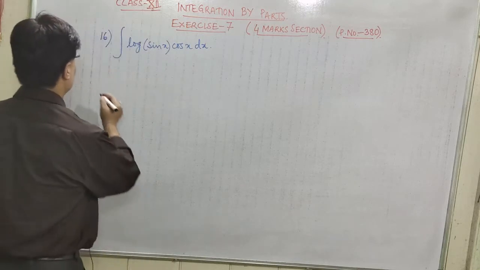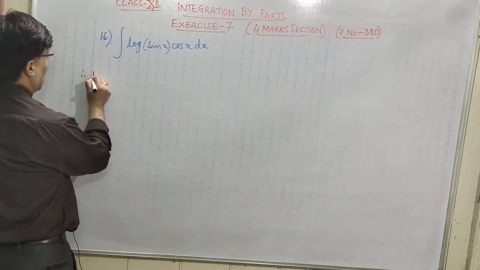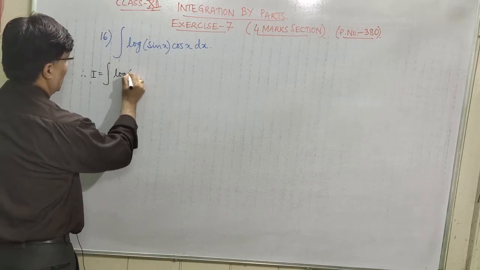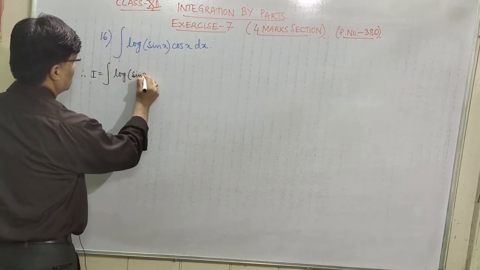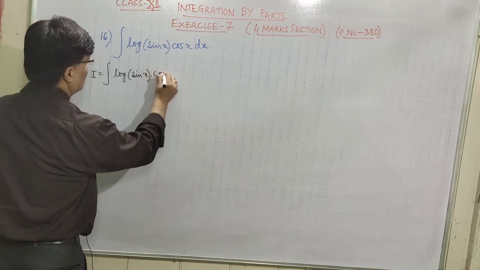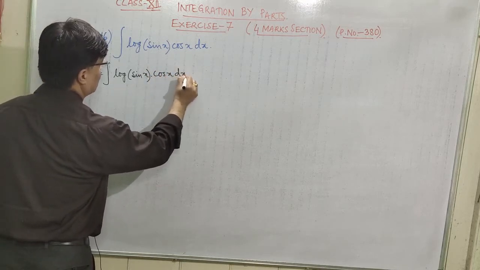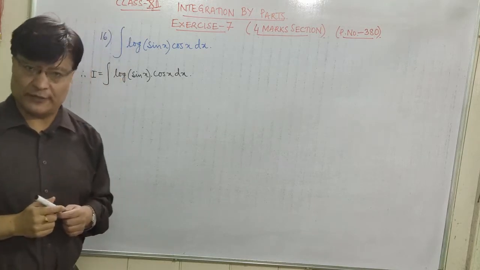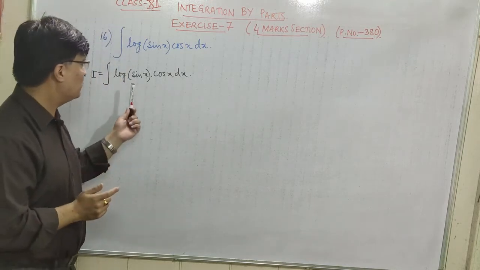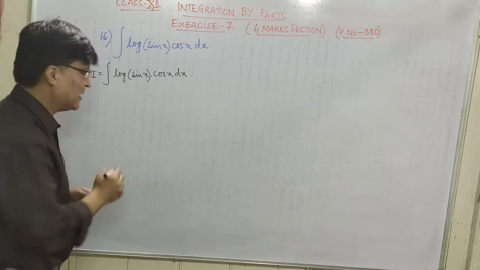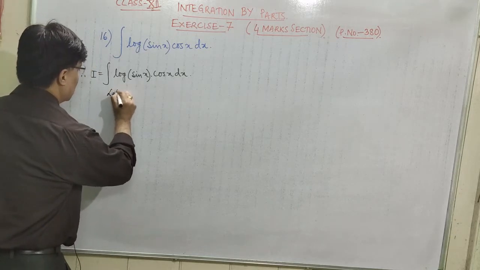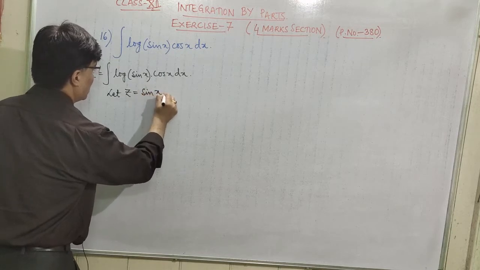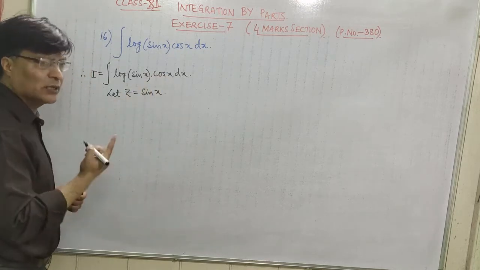So let us write here first, I is equal to integration of log of sin x into cos x dx. So let us use method of substitution first. So we can assume this sin x as z. So let z is equal to sin x, because its differentiation is what? Cos x.